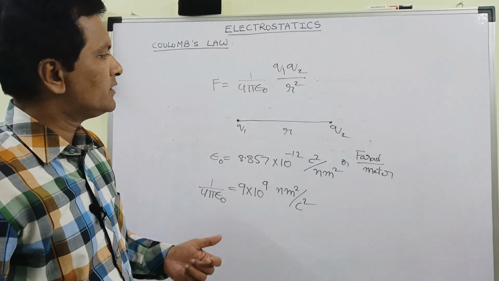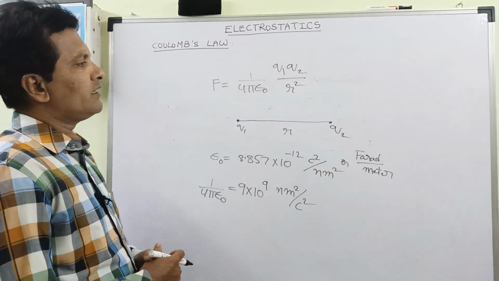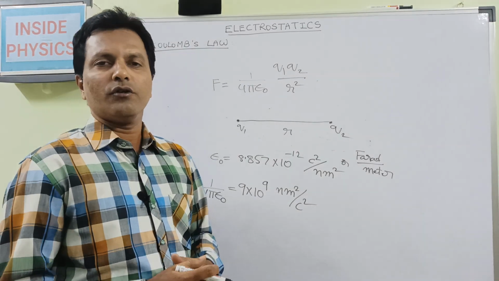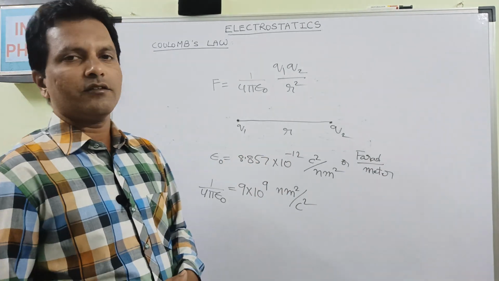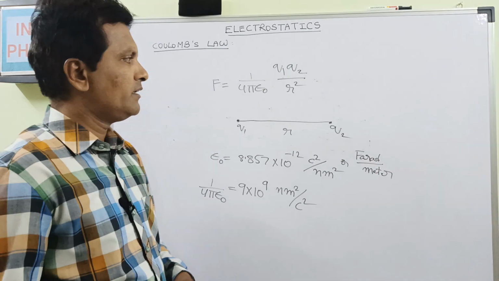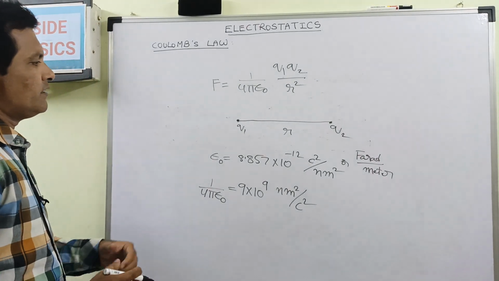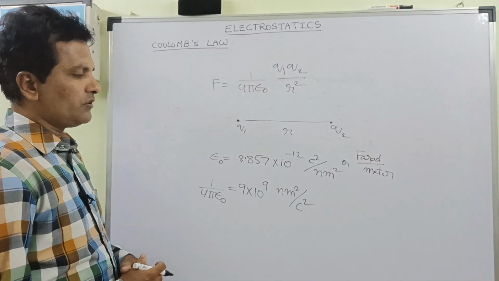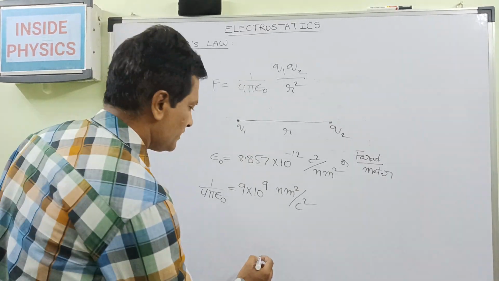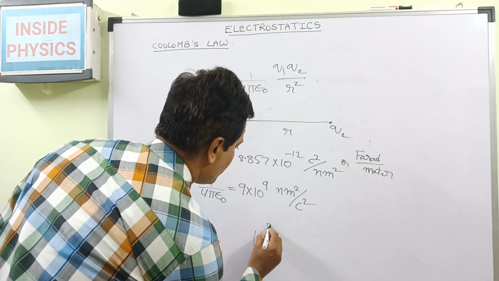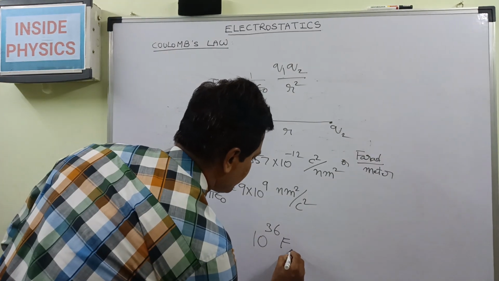So Coulomb force is a central force, and just like the gravitational force, this Coulomb force can be compared to the gravitational force also. Okay, so when we compare this Coulomb force with the gravitational force, these two forces can be compared with the relation Fe equals 10 to the power of 36 Fg.